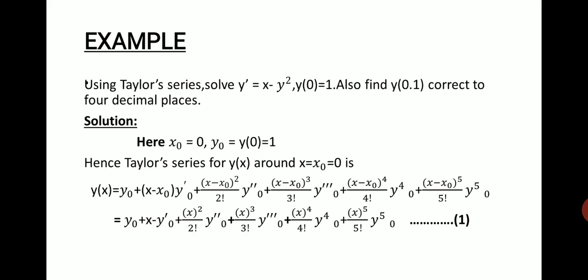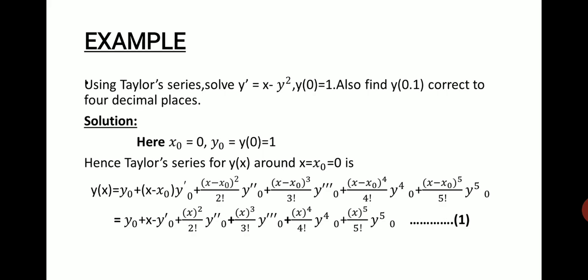So here given x0 is equal to 0 and y0 means y of 0 is equal to 1. Hence the Taylor series around x is equal to x0 is y of x is equal to y0 plus x minus x0 y dash of 0 plus (x minus x0) square upon 2 factorial y double dash of 0 plus (x minus x0) raised to 3 upon 3 factorial y triple dash of 0 plus (x minus x0) raised to 4 upon 4 factorial y raised to 4 of 0 plus (x minus x0) raised to 5 upon 5 factorial y raised to 5 of 0.